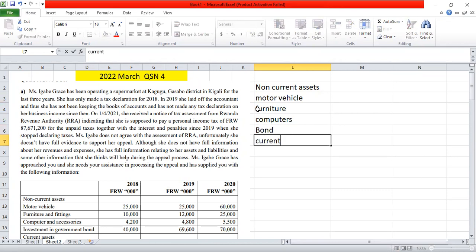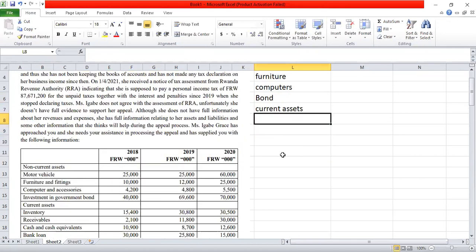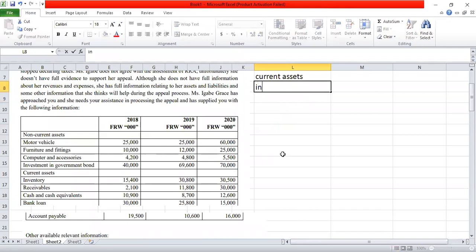Current assets: I have inventory, I have receivables, I have cash.